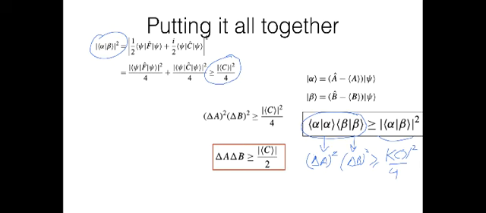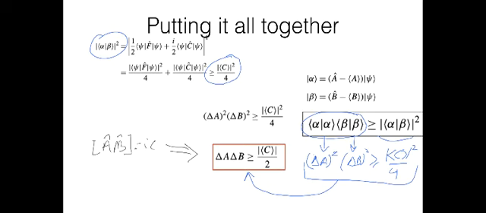This is a very important result, because if I take the square root on both sides, and because we have only positive numbers, delta A, delta B, and the absolute value of C, we find this extremely important result. It says that if I do have operators such that the commutator of A and B is equal to IC, then the uncertainty of A times the uncertainty of B will always be larger than the absolute value of the expectation value of C divided by 2.